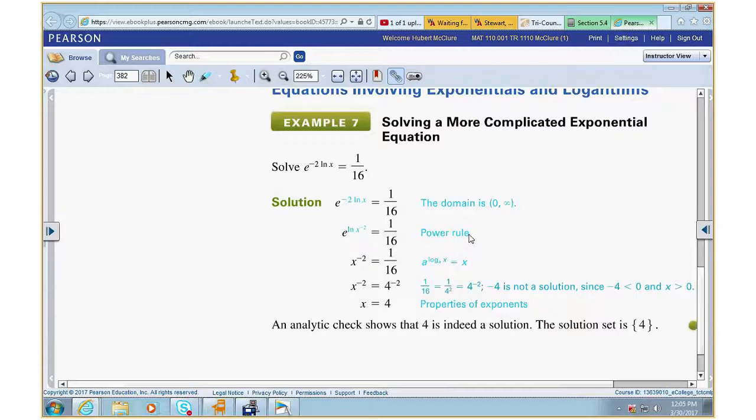And how did they get that? How did they go from here to here? I'm asking y'all, I'm not asking me. Natural log of e is 1. Well, you're getting close.